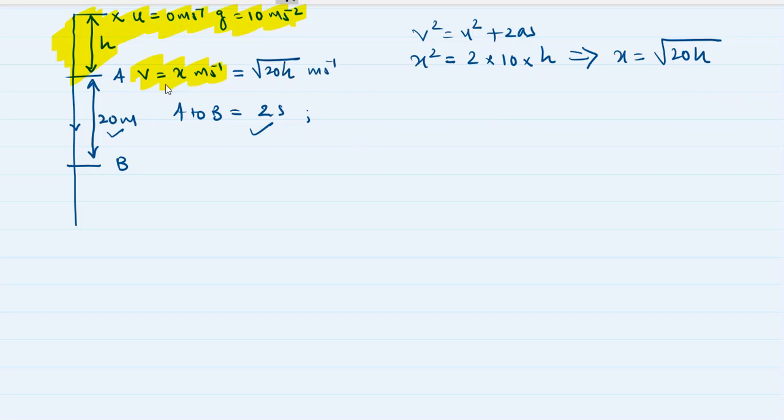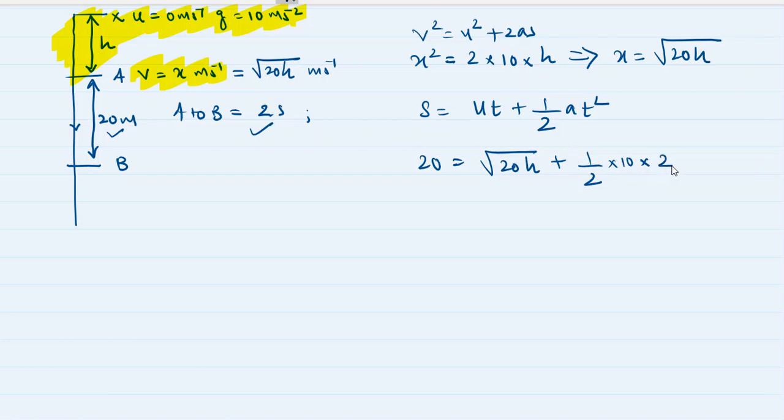Now we are going to take the velocity, and we know the displacement and we know the time. So we can use s is equal to ut plus half at square, where s is the height, which is 20, u is the initial velocity, which is x, which is root of 20h, plus half multiplied by 10 multiplied by time taken, which is 2 seconds to fall from A to B. So we are going to take 2 square over here, 2 gets cut.